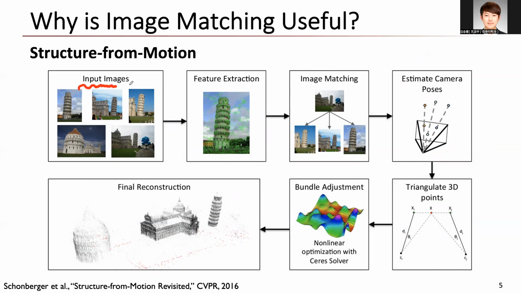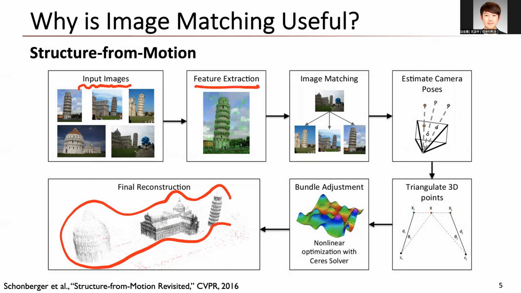Given input images taken under different viewpoints, with different cameras, illumination, or other camera settings, we want to reconstruct a static 3D model from them. The SFM pipeline consists of feature extraction and image matching, which is today's topic, and then estimating camera poses, triangulating 3D points, and bundle adjustment to finally generate the 3D model.